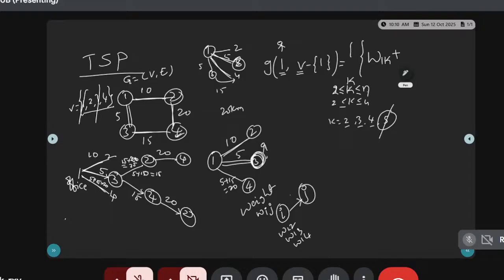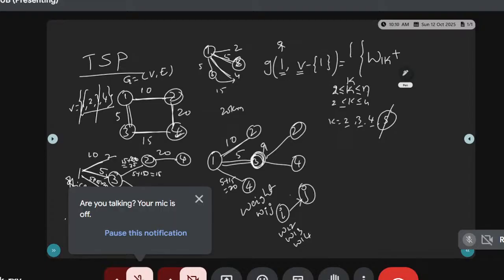Here you have to decide whether should I go to 2 or should I go to 4 from here. 2 to 4 or 2 to 1. So that will be decided with the G of.